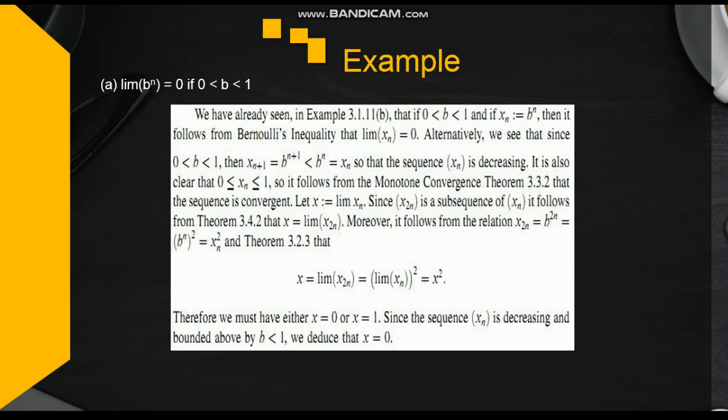Therefore, we must have either x = 0 or x = 1. Since the sequence x_n is decreasing and bounded above by p < 1, we deduce that x = 0.